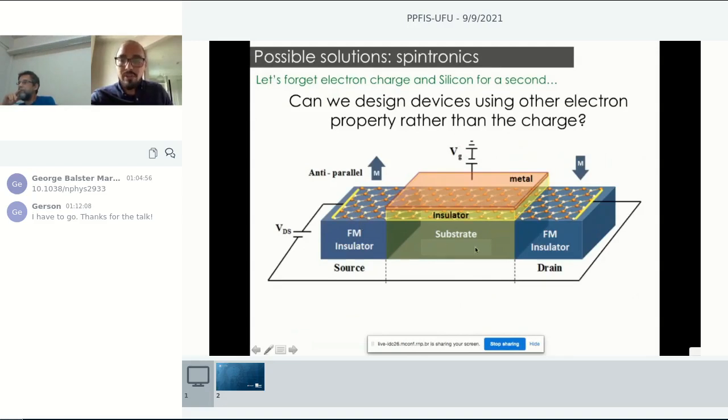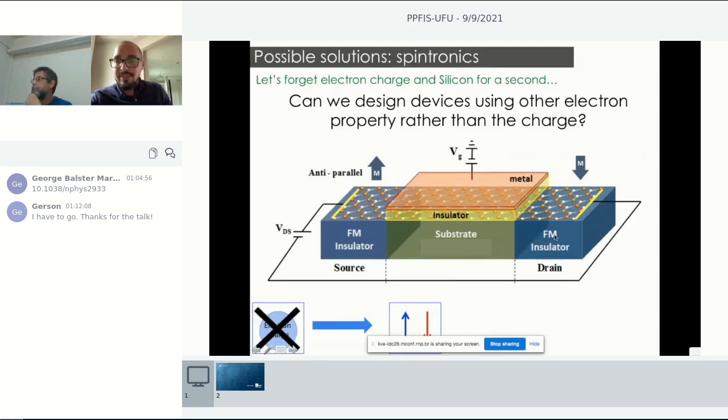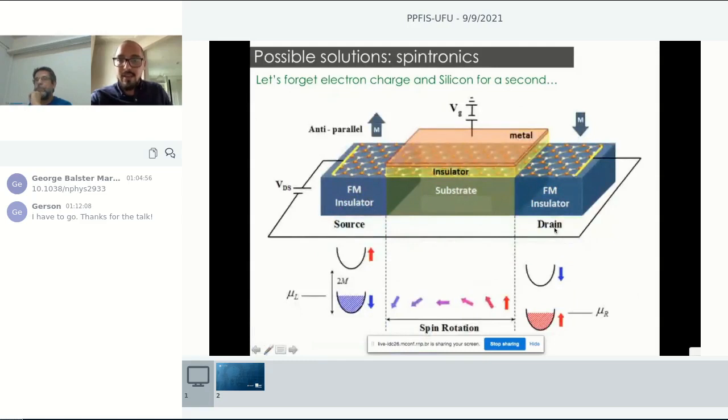So we can, for instance, have two electrodes here with a central region, and the electrons go from one electrode to the other. And the idea is that if we have a magnetization for these electrodes, we are then able to control the probability of the specific spin of the electron in the central region to have quantum states to be detected in the drain, in this electrode on the right side of the plot.